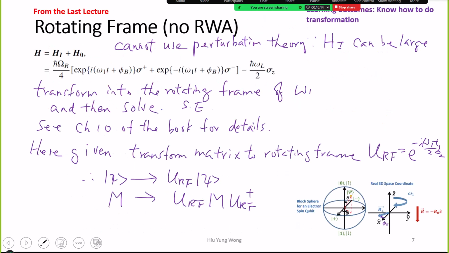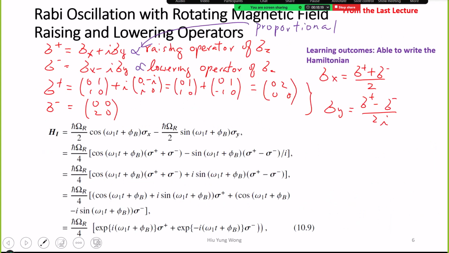Yeah, and it's difficult for you to memorize. Which one? Raising and lowering operator. The physical significance is this. It actually will change the state from one eigenvector of sigma z to another eigenvector. So this is a little bit confusing. I will just say it verbally. Sigma z has two eigenvalues, -1 and +1.